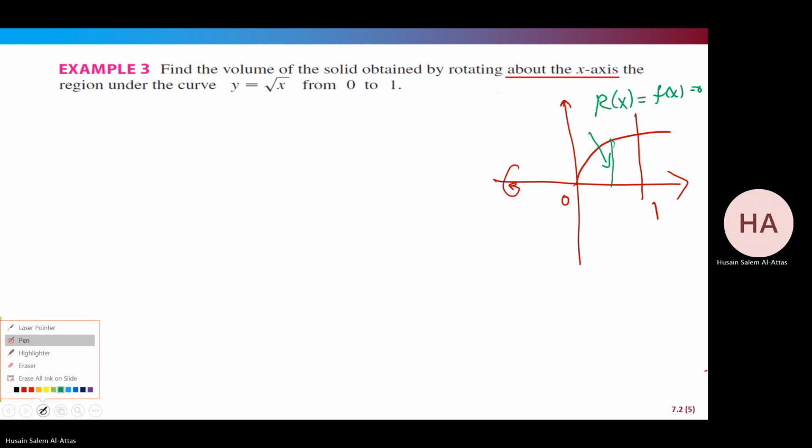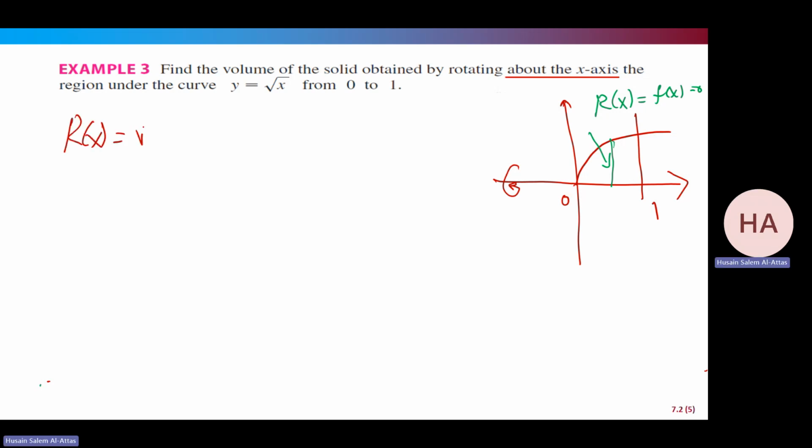If you make a strip, when you make this line, that line will be r of x, which is f of x minus 0 in this case. So r of x will be square root of x, from 0 to 1.